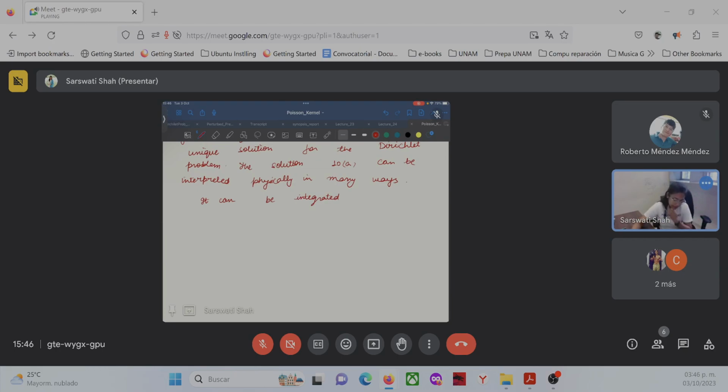So it can be thought of as finding the potential u(r, theta) as a weighted average of the boundary potential.